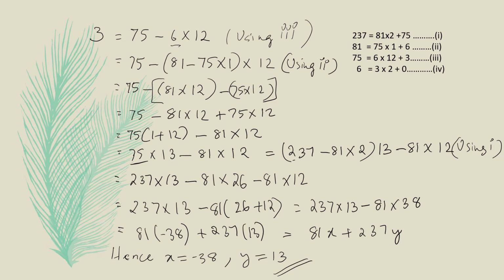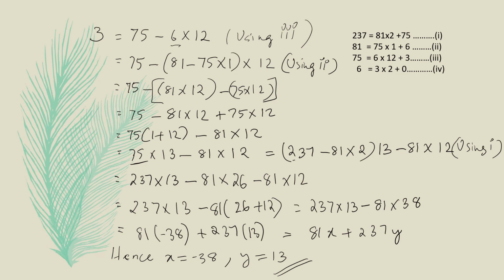Instead of 75, we can write 237 minus 81 into 2, into 13, minus 81 into 12. And now open the bracket. So 237 into 13 minus 81 into 2 into 13, which becomes 26, and already we have minus 81 into 12. Now we can see that 81 is common.